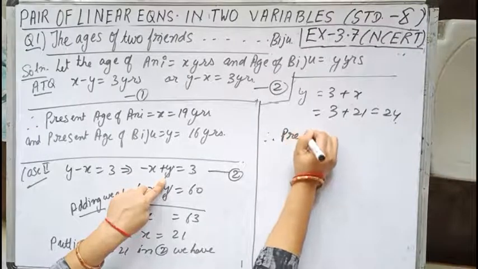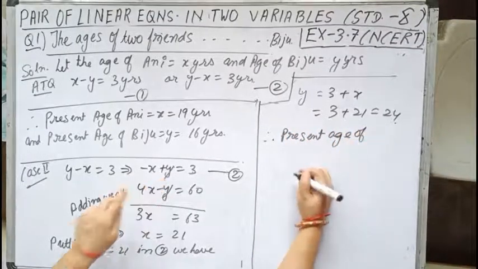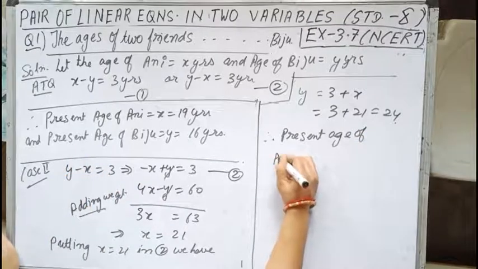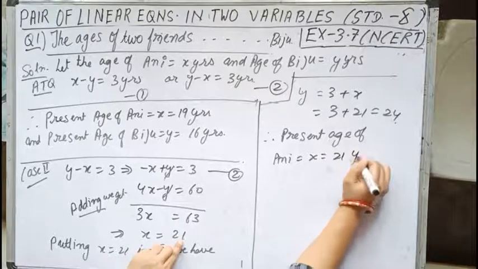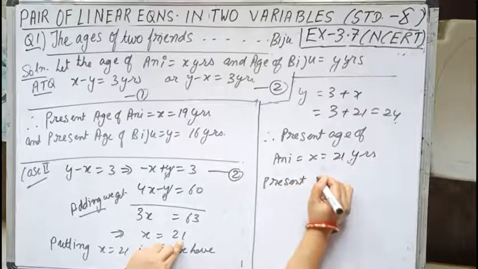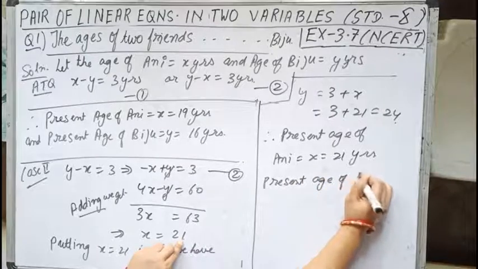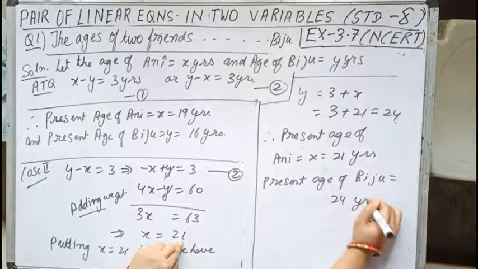Therefore, present age of Annie equals x equals 21 years, and present age of Biju equals 24 years.